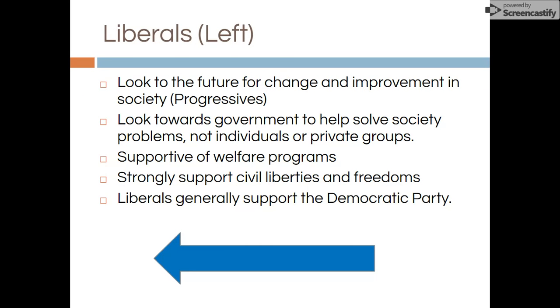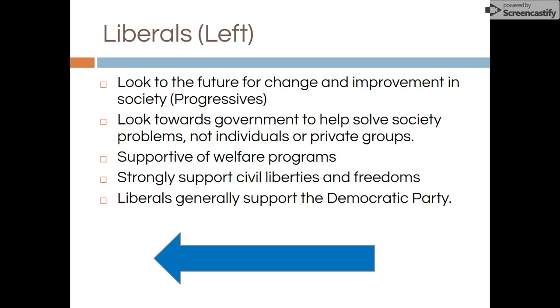So liberals, these are some of their key characteristics that describe their beliefs. Liberals tend to look to the future for change and improvement in society. We often refer to this as being progressive. Okay, they're open to change. They look towards the government to help solve society's problems. They think it's the government's responsibility.